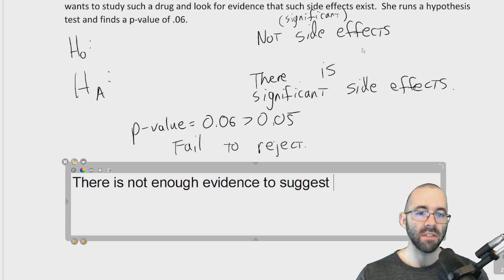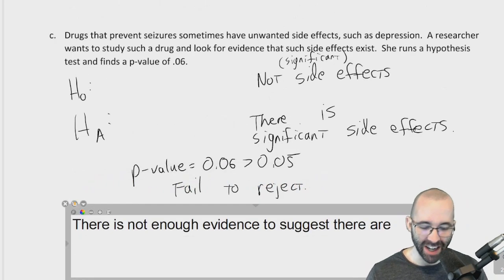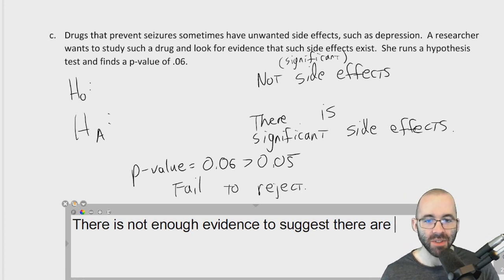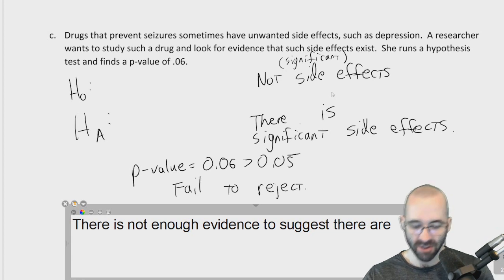Sorry, this is our triple negative situation, which is why I was losing my mind. Okay, so there's not enough evidence to suggest the assumption is false. What does the assumption being false look like? The assumption is that there's not side effects. That being false means there are side effects. So that's our answer.